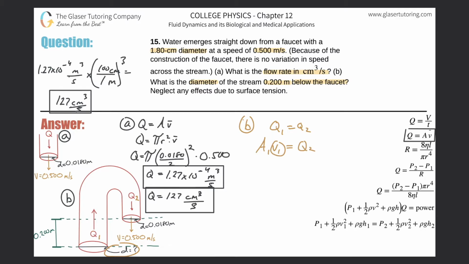It doesn't tell us that it is or it isn't, but I can't assume that it is the same. So I cannot use this equation at all because I don't have enough knowns to solve for the one unknown, meaning the diameter.